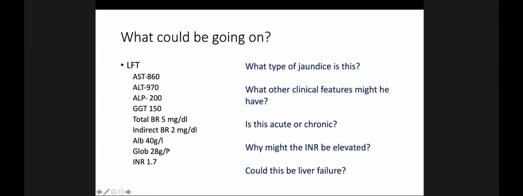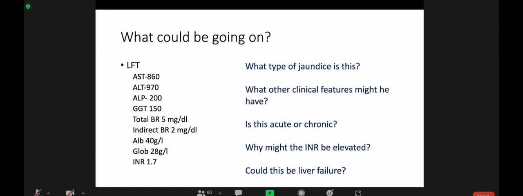Albumin is 40. Yes. So why is it that we look at albumin here? So in the long term, if he has chronic liver injury, his albumin level will be low. Yeah, that is correct. So why doesn't the albumin go down due to impaired synthesis?